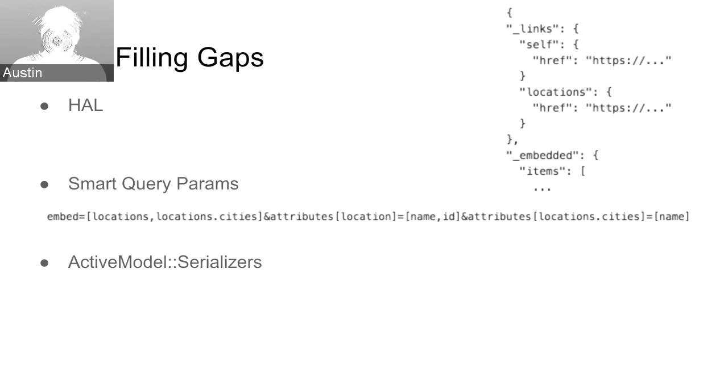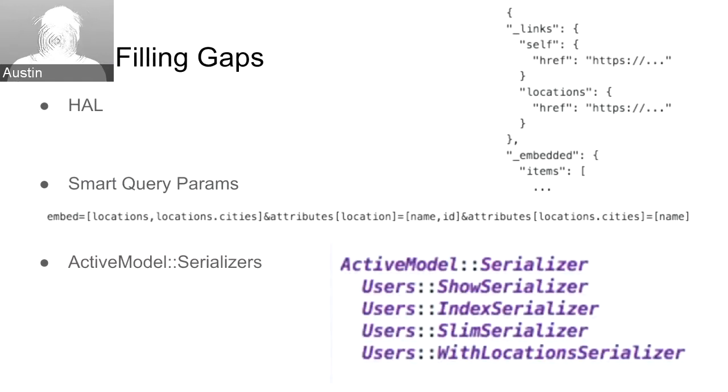But inevitably, as projects grow, what I found with Active Model Serializers is that you end up with probably 8 or 10 different versions of a user. Whenever you request an index for a user, you're going to return a slim user. And then whenever you're returning a full user or a show, and then sometimes you got locations, and this just gets really hard to maintain over time.